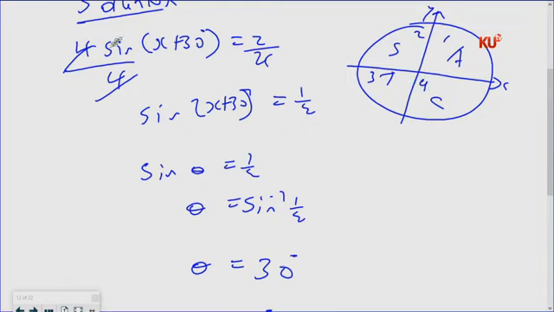We are dealing with the sine in this question. So ask yourself, where will you get sines of angles that will give us positive values, like our 2 over 4? 2 over 4, if you simplify, you get 1 over 2. 1 over 2 is a positive value. So that's why we have to focus on positive values here.